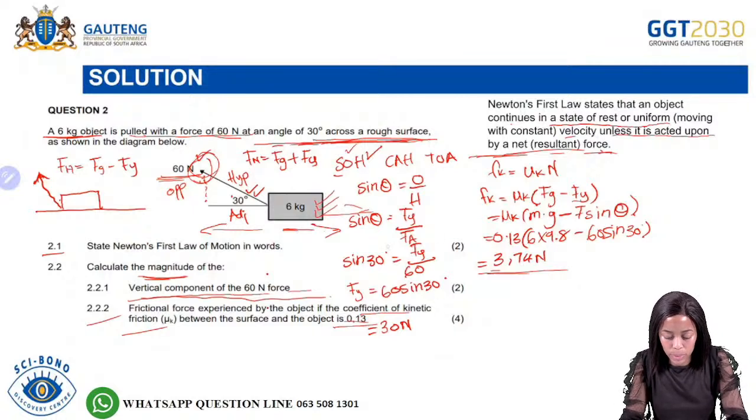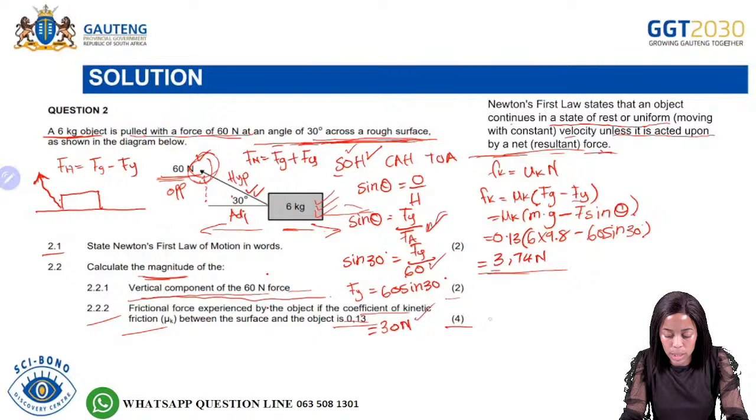So again, we can check the mark allocation on this one. This one was 2 marks. That is why we know that we didn't need to do a lot of things on this question. So we can allocate 1 mark for the substitution and then 1 mark for the final answer.